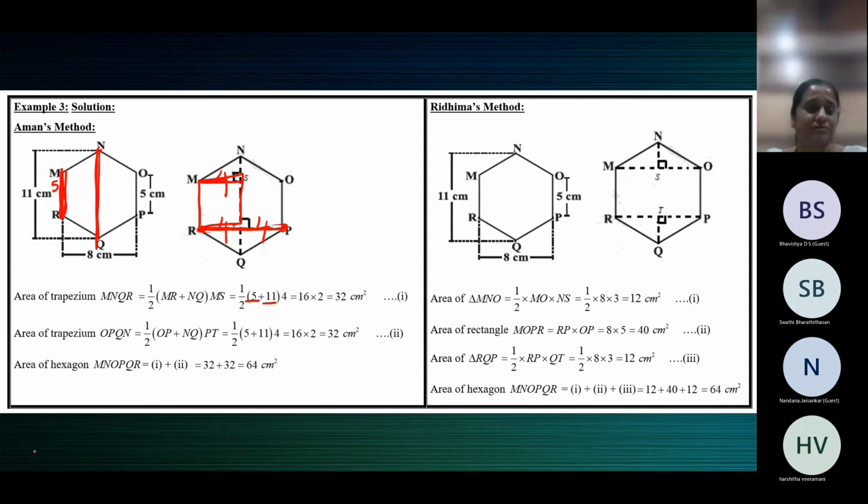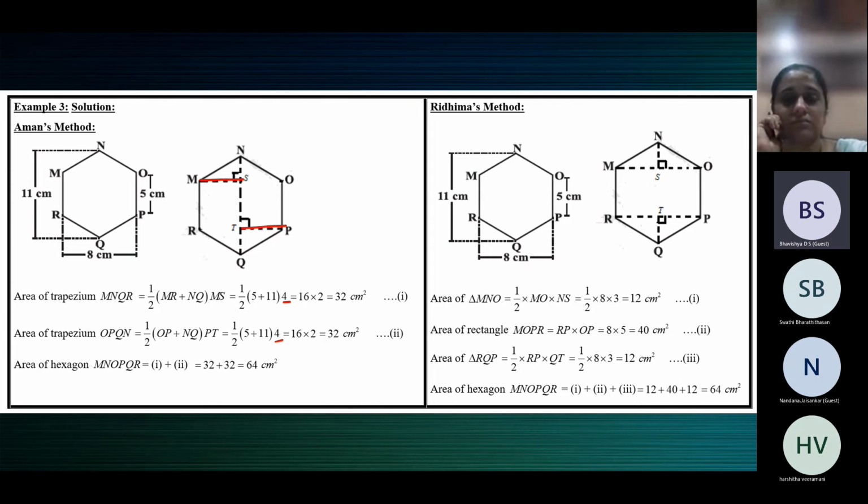So this is also 4. So the distance between the parallel sides is 4, 4, 4, 4. Is it okay, Bhavishya? Yes, ma'am.